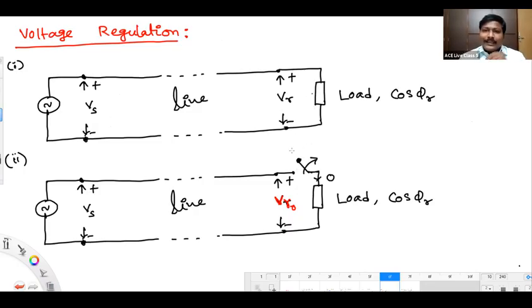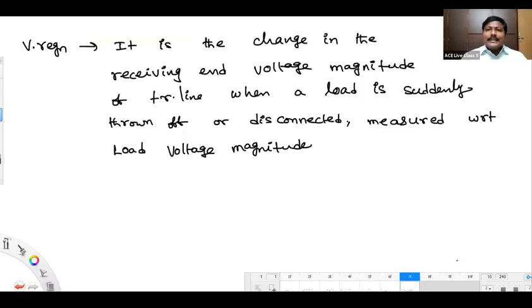According to this definition, rather than change, better I'll say rise. Kindly modify that word. It is a rise or increment in the receiving end voltage magnitude of the line when the load is suddenly thrown off, measured with respect to load voltage magnitude.